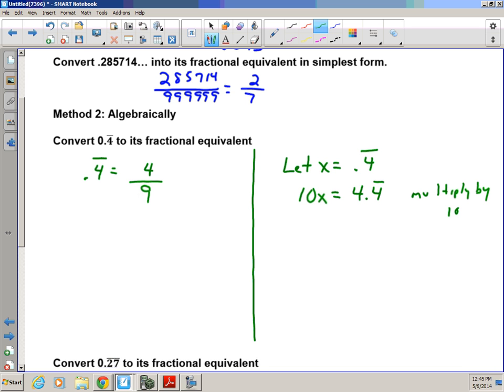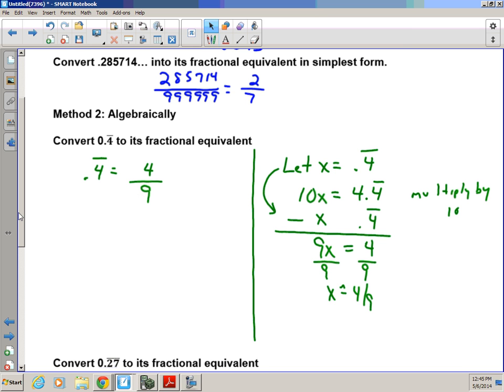Just move it over one decimal place. I subtract what x is, which is my 0.4 repeating. So when I subtract this, 10x minus x is 9x. 4.4 repeating minus 0.4 repeating is 4. Divided by 9, and I'm done. Obviously, what I did on the left side is much simpler, okay? But I just want to make sure you understand why the shortcut works.